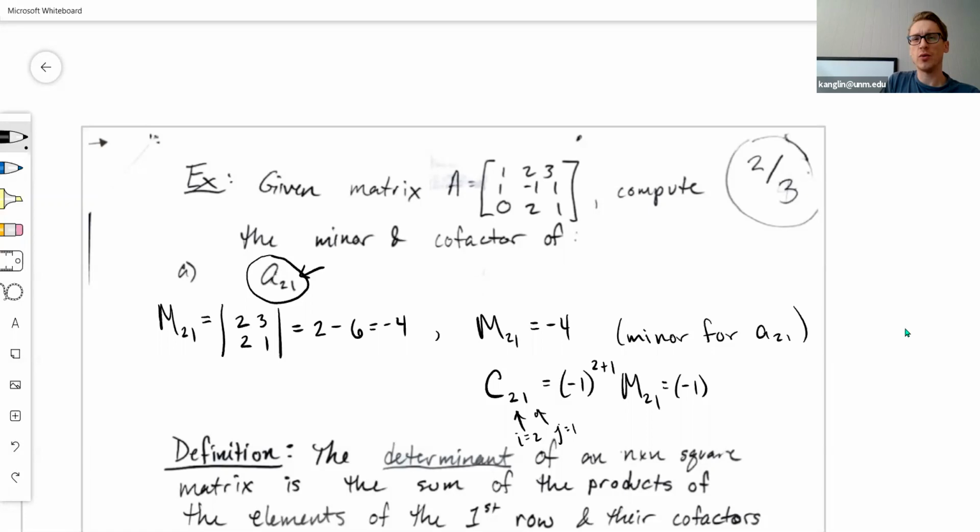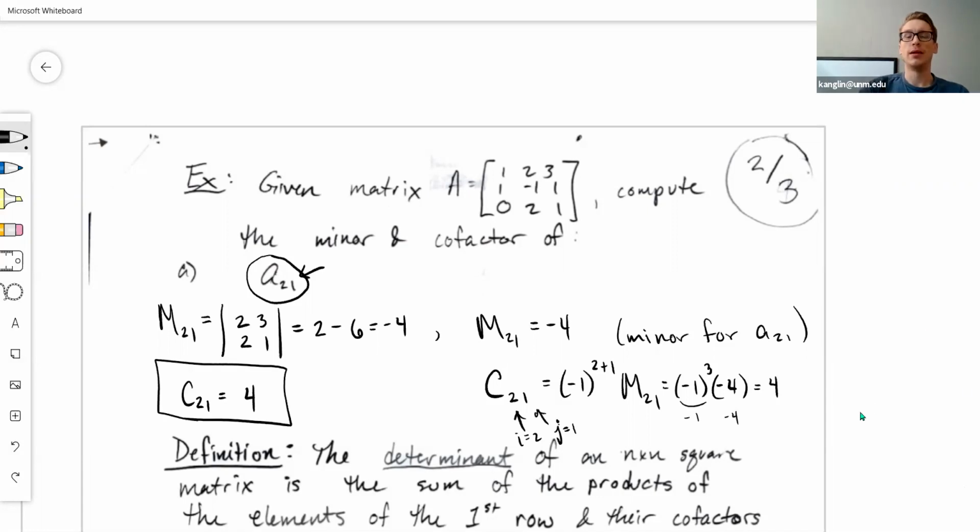This is a j, not a y. So that's -1 to the 3 times M21, which was -4. This equals -1 times -4, which makes +4. So the C21 cofactor, the cofactor for the entry of the matrix in the second row, first column, is 4. And that's it.